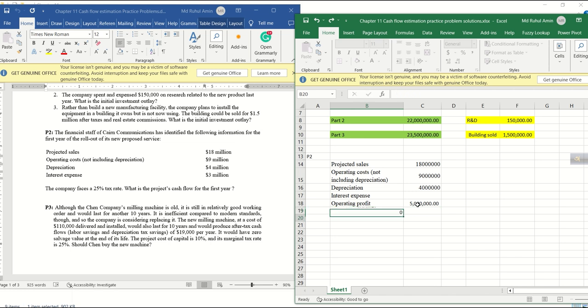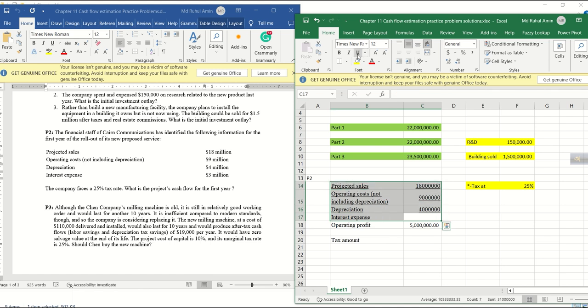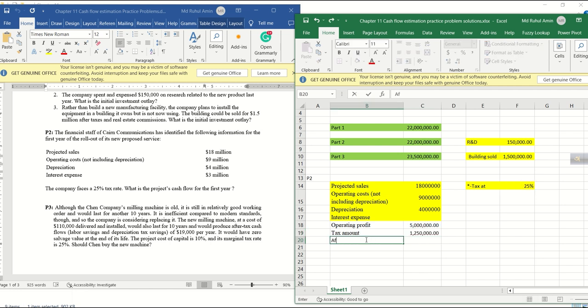Negative tax, that's our 25% tax amount. These are the values we have from the problem, and these three we get from our problem. Operating profit times the tax rate gives this tax amount. Now what's our after tax profit?